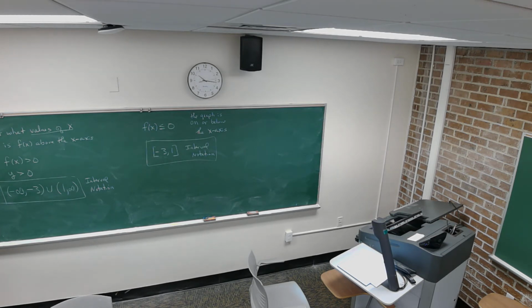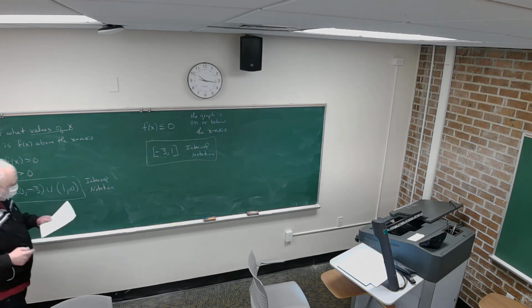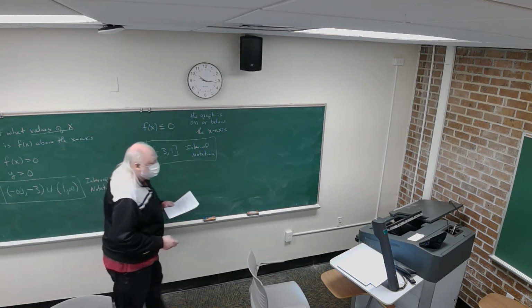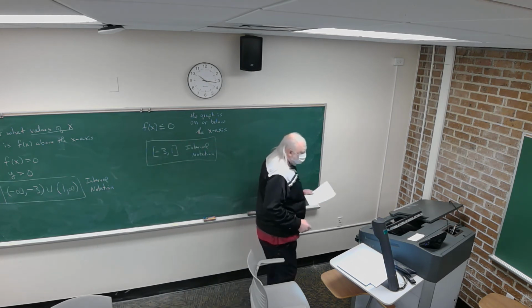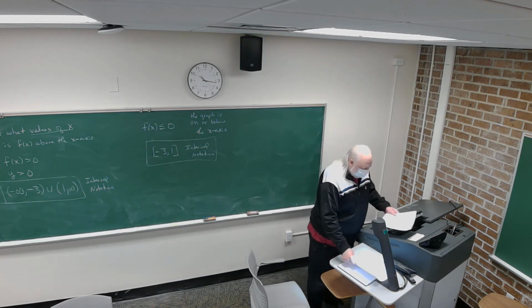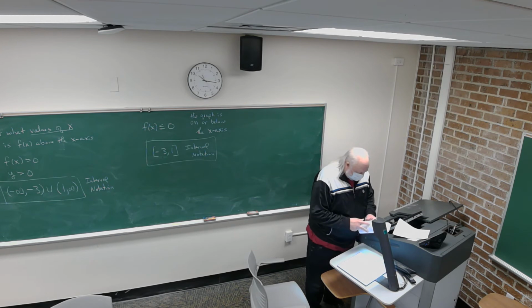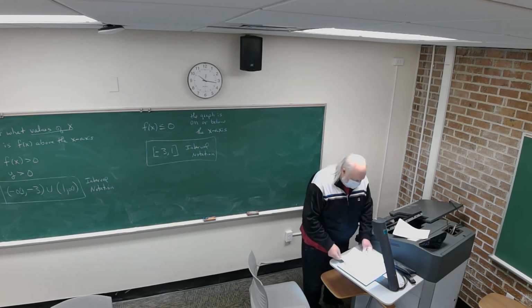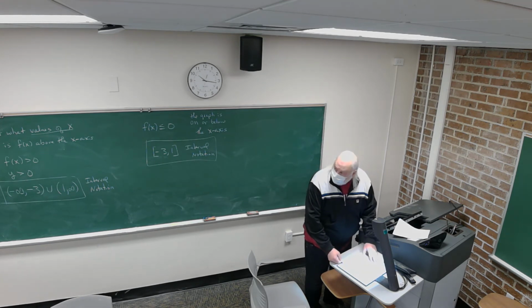All right. So in the next two inequalities that we're going to solve, they're called polynomial inequalities. And in solving those, we have to use what I call the test point method.